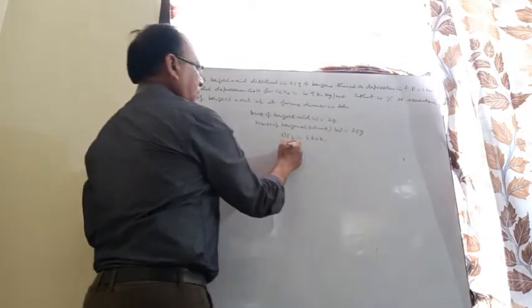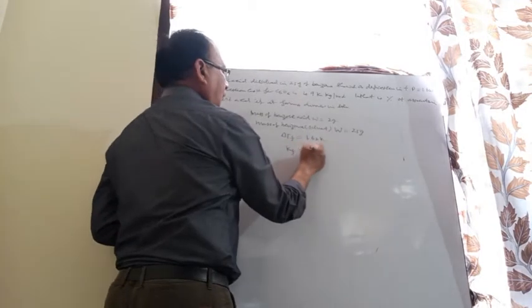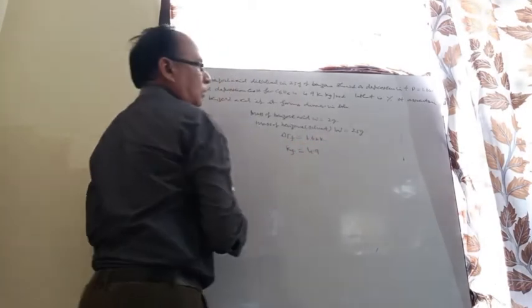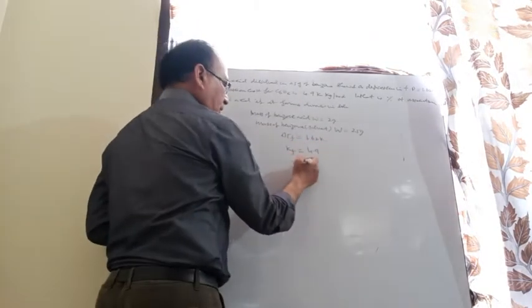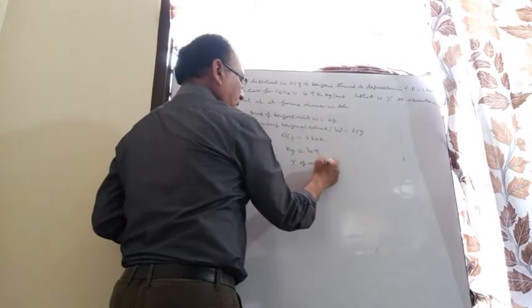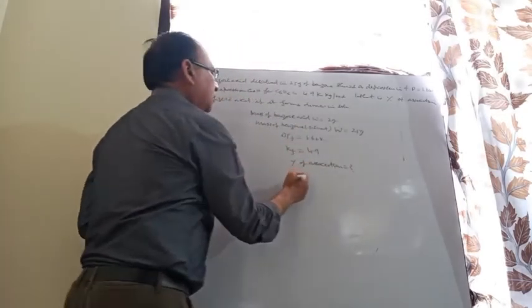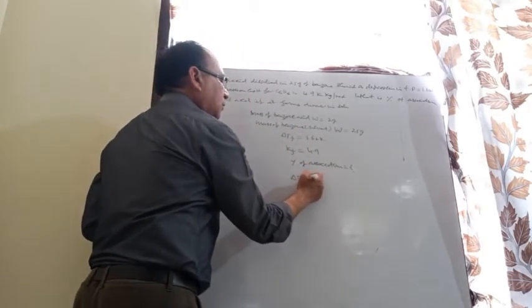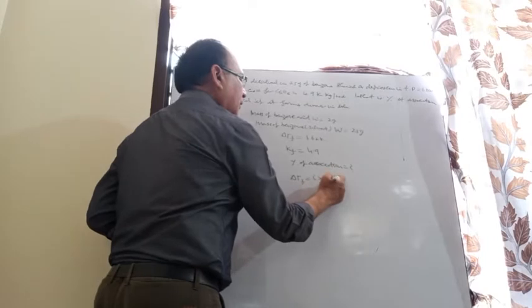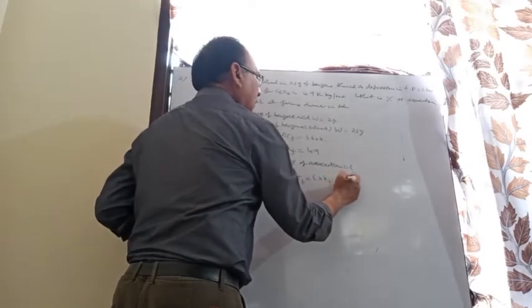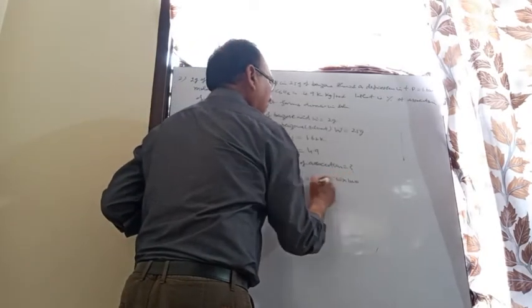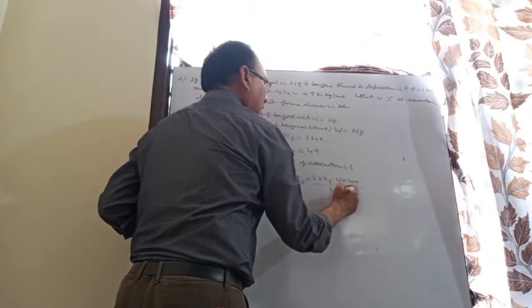And molar depression constant Kf is 4.9 Kelvin kg per mole. We have to calculate percentage of association. In the same way, we can use the formula delta Tf is equal to i into Kf into small w into 1000 divided by capital W and capital M.